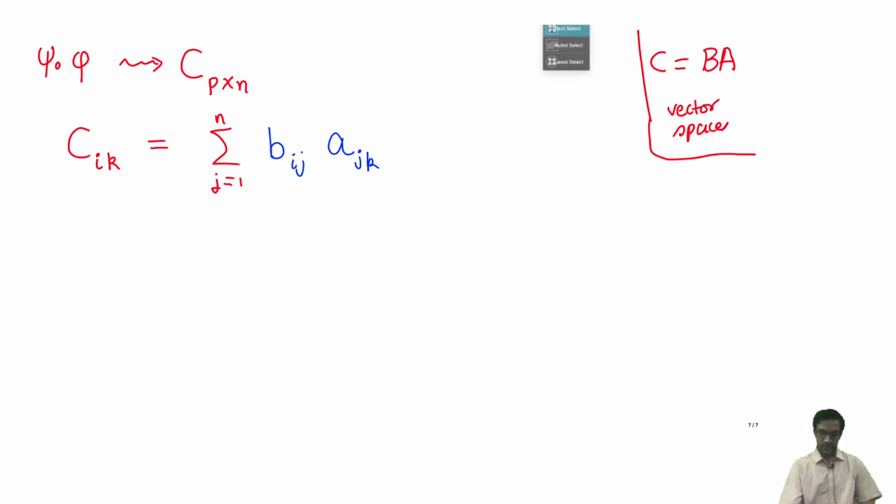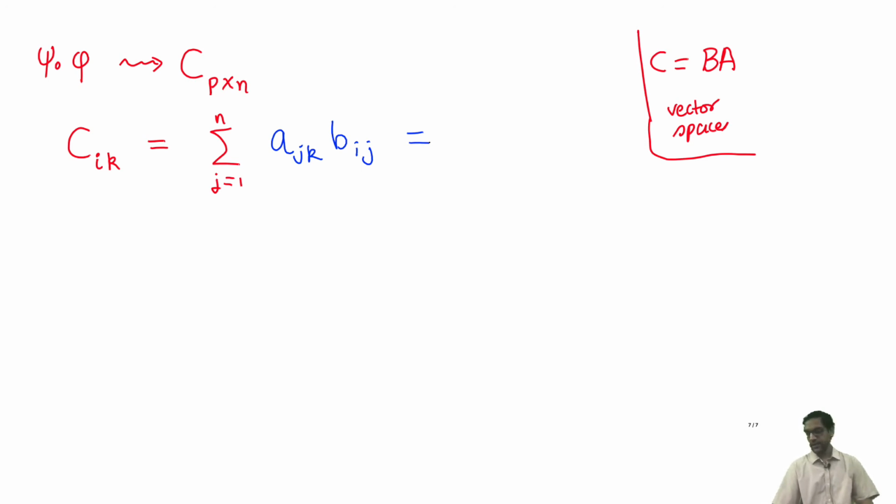So this a actually occurs on the other side, and I need to push it over to the other side. So that's the form of the answer here. Let me erase this and make it slightly neater. So this is a_jk b_ij, and that seems rather unfortunate, that we can't quite think of it the same way as vector spaces.